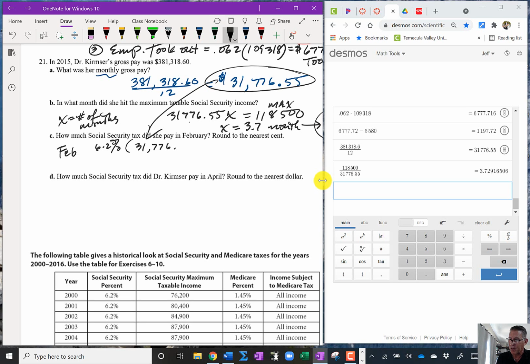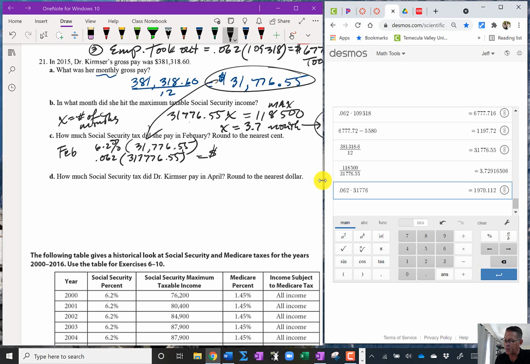In January, she pays $1,970.15. In February, same thing. In March, same thing. The question is, what does she pay in April?